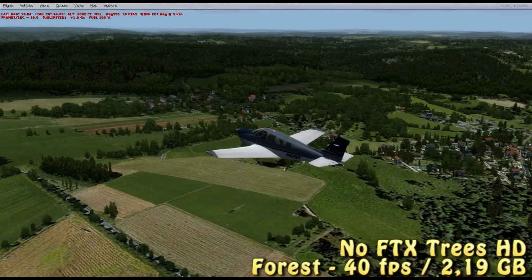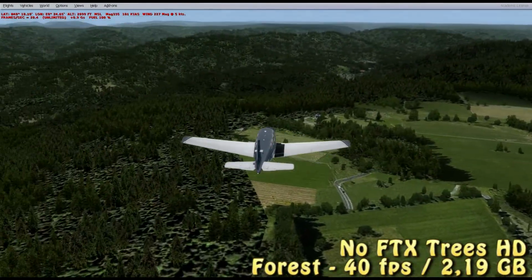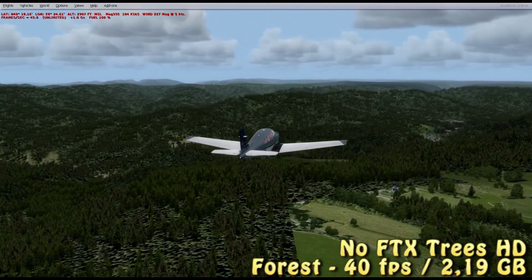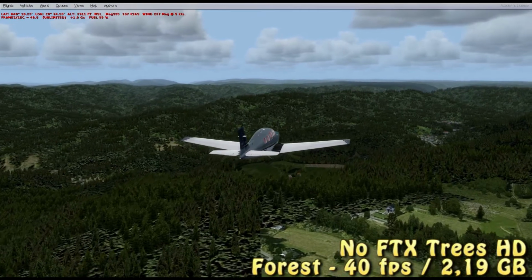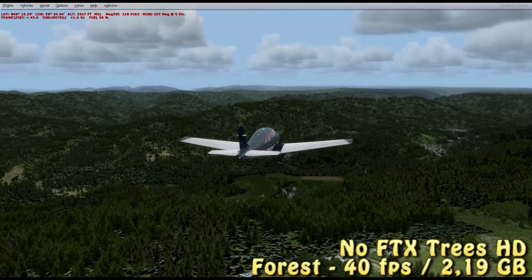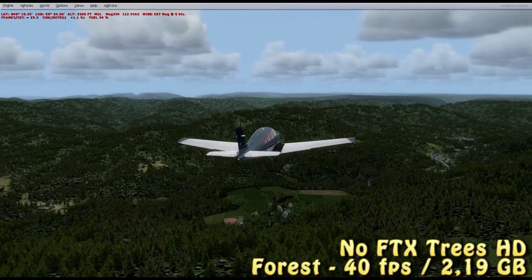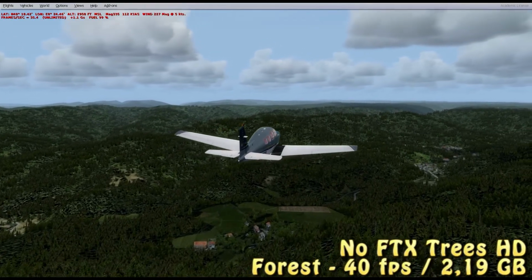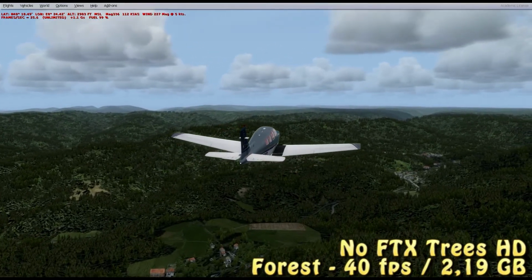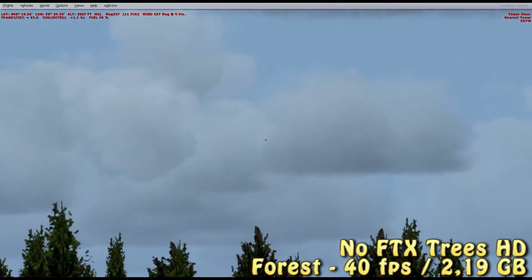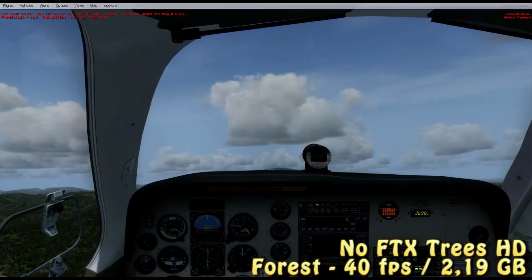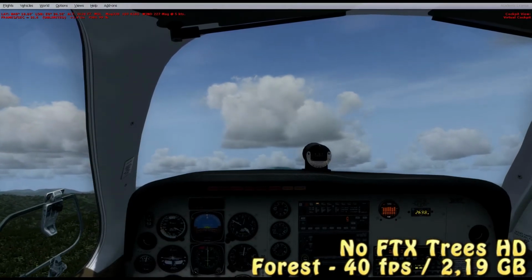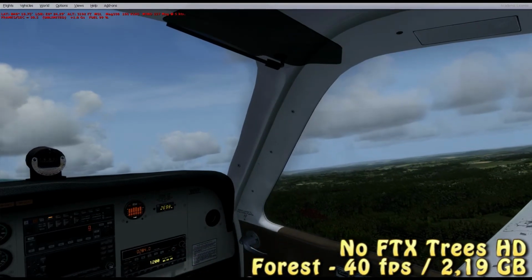You have the trees here, very dense forests, and that's the FTX global stuff. It's pretty much, I wouldn't say standard, but it's my standard setting. That's what I was flying with for the last months, and that's what you usually saw in my videos.